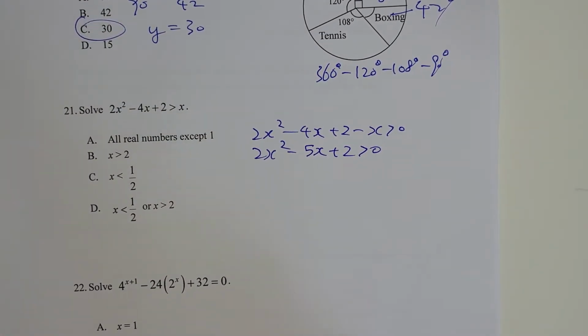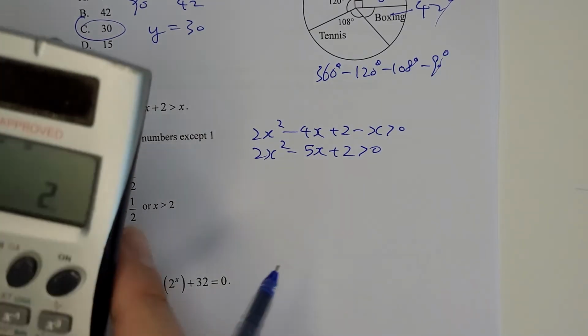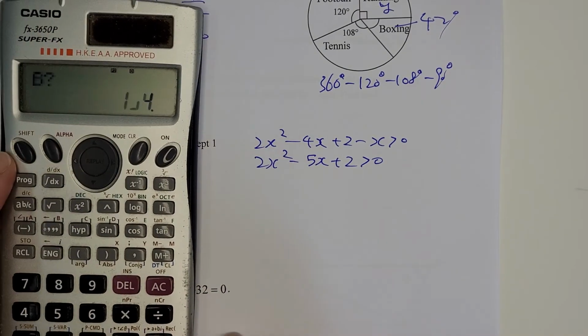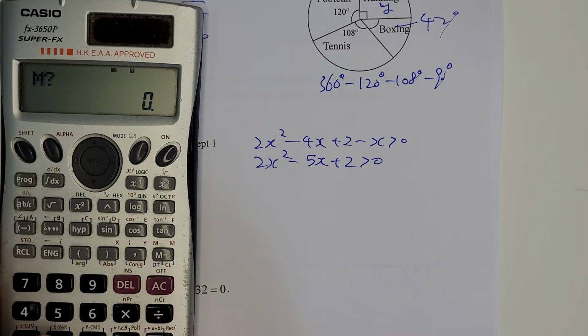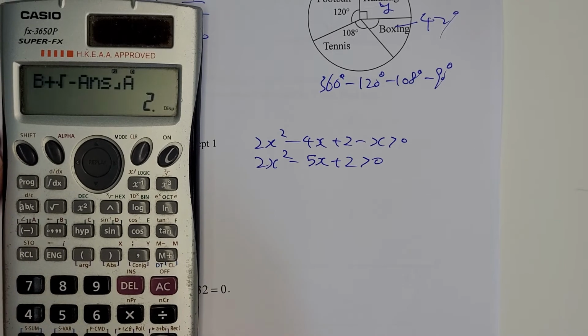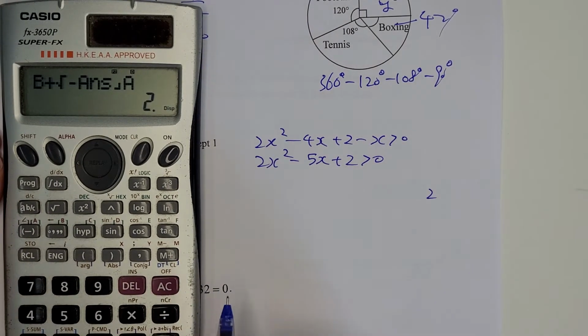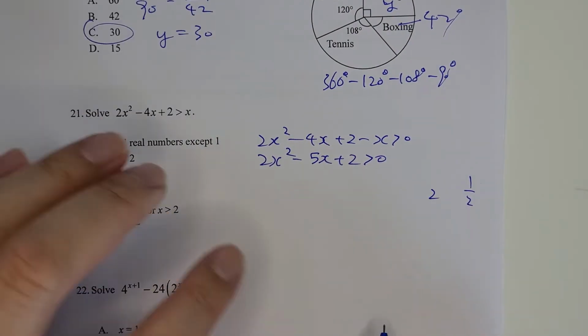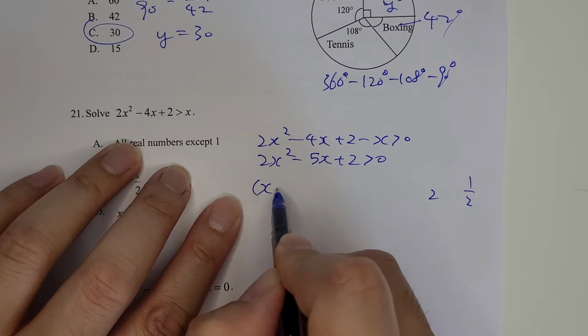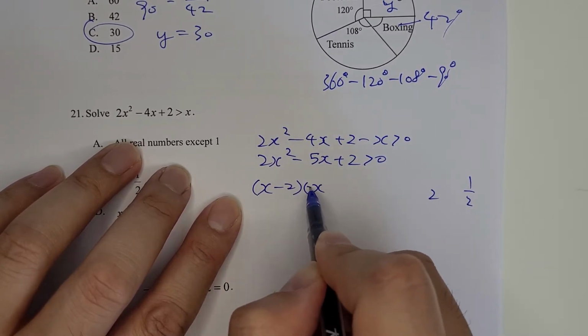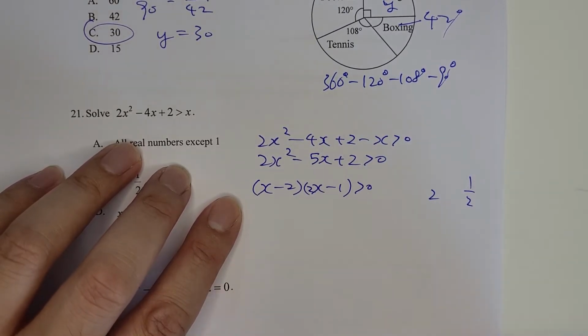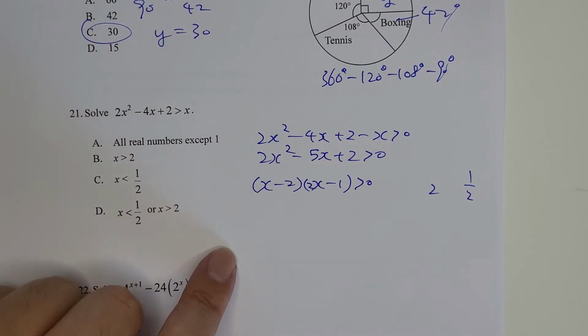Of course, you may use the formula to find the answer. So a is 2, b is -5, c is 2. The first root is 2. The second one is 1 over 2. So what you need to write down is the factored form: (x minus 2)(2x minus 1) greater than 0.